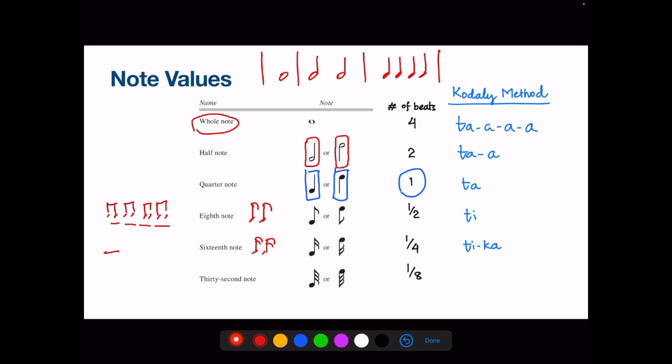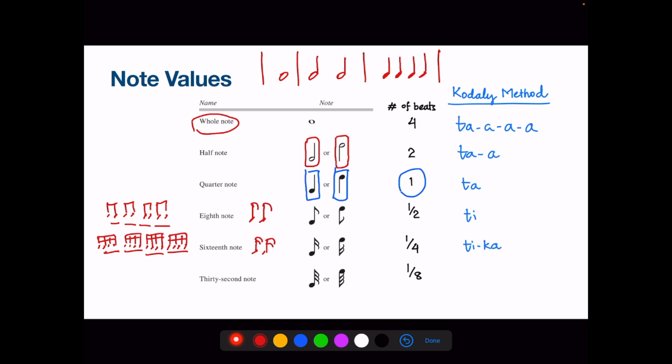So in one beat, if we could fit two eighth notes, we'll be able to fit four 16th notes. And here we have 4 16th notes in one beat. And to count this, all right, so we're getting pretty fast here.